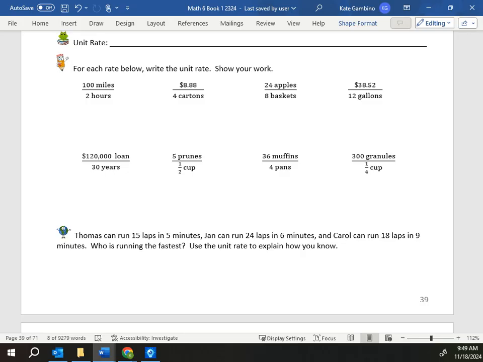If there is a fraction on the denominator, we multiply because we want to get it to 1 whole. So we have to multiply up. If you multiply in the denominator, you have to multiply your numerator. So remember, whole numbers we divide, fractions we multiply.